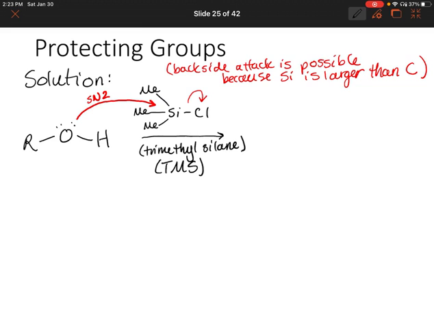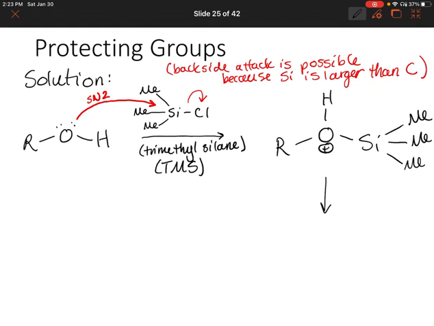Okay, so what we end up forming is the following. So now oxygen is bonded to that silicon atom. It's bonded also to hydrogen and to the alkyl group off to the side, the R. Now, because oxygen is positively charged, we want to make it neutral, so we're going to use triethylamine.